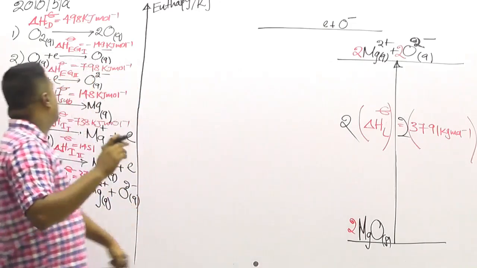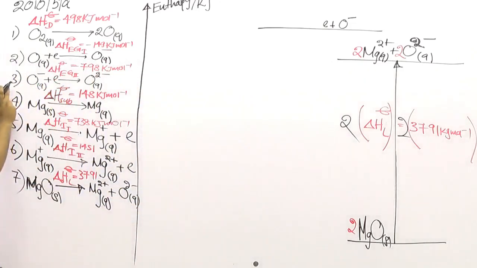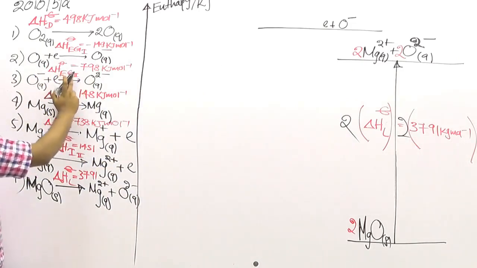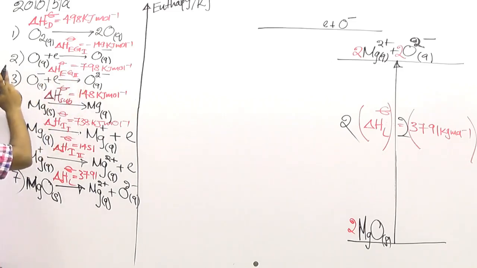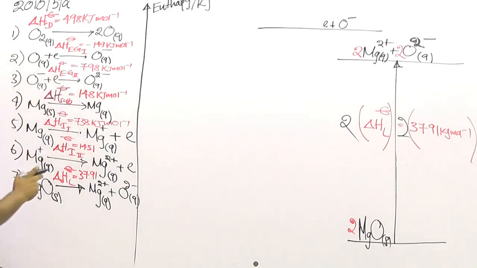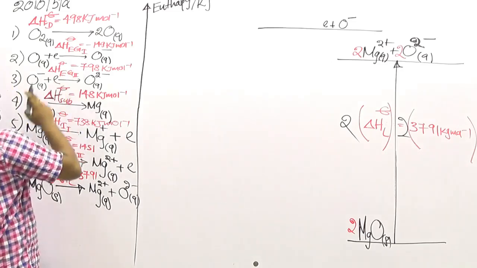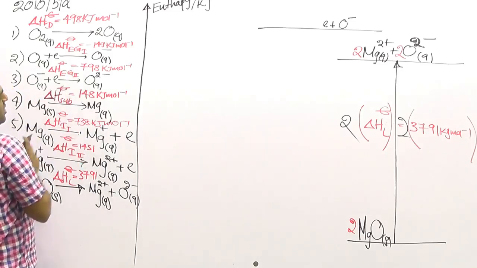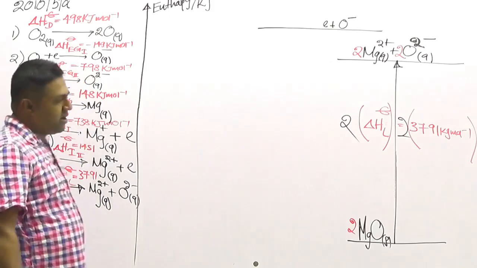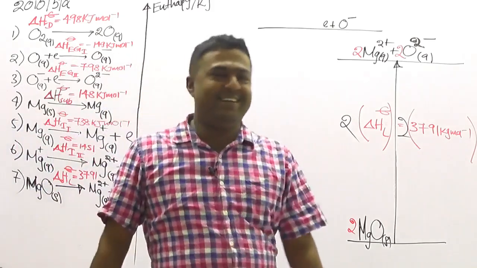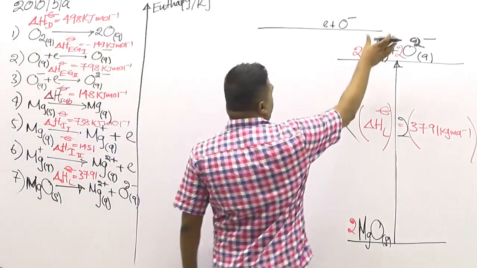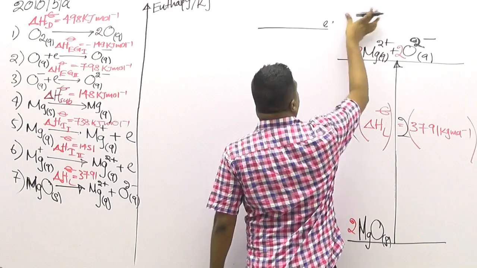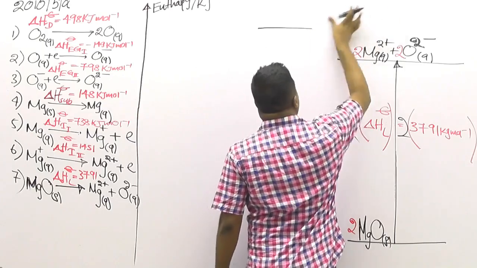Because of the third equation, the second electron gain energy. The second electron gain energy is a positive value, and it is endothermic, so I was wrong.